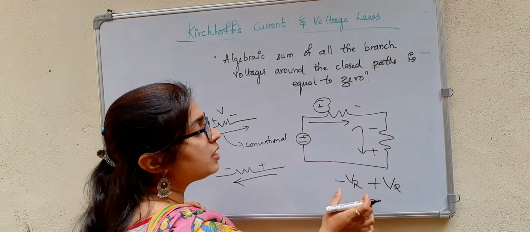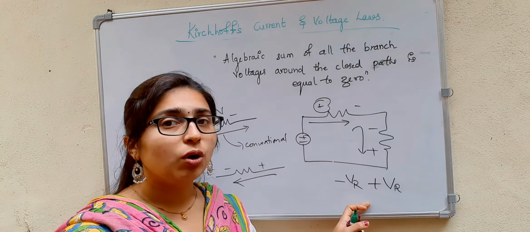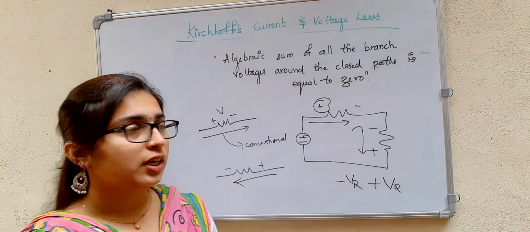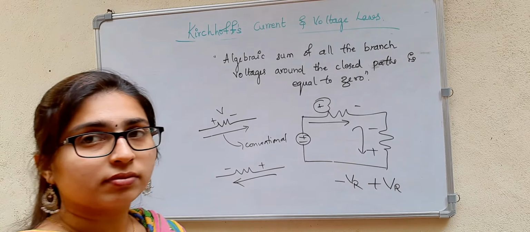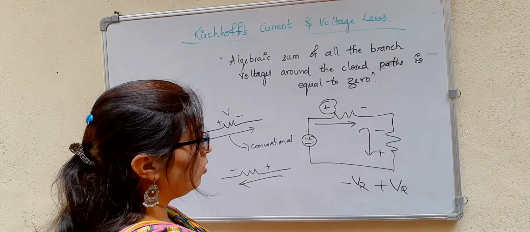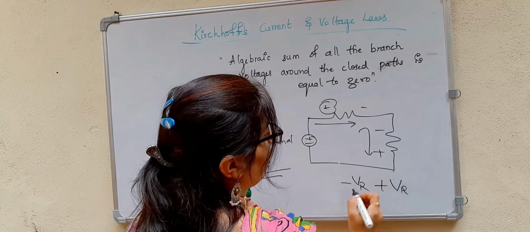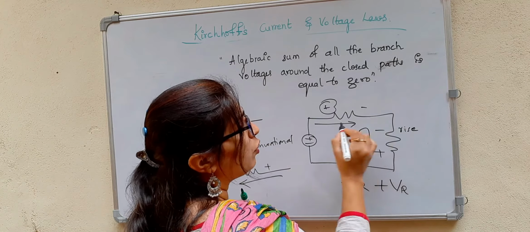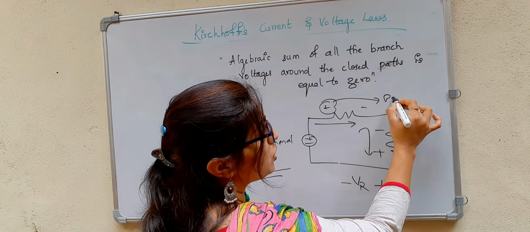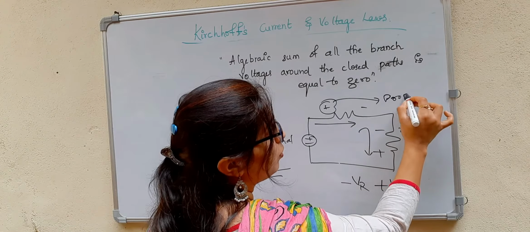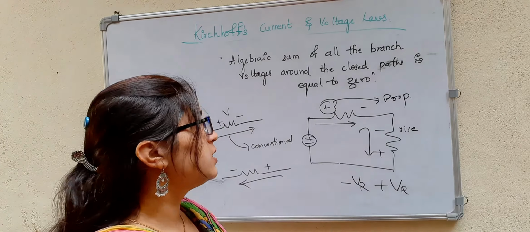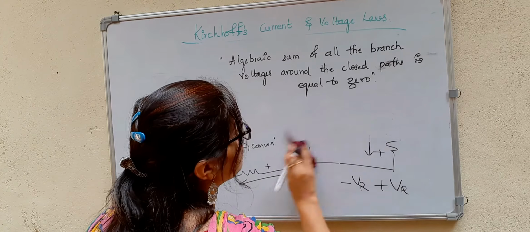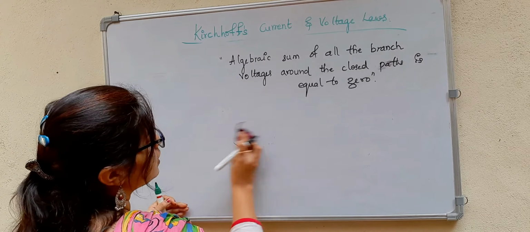Minus VR is a voltage drop, and plus VR is a voltage rise. If you get minus first, it is a potential rise. If you get plus first, it is a potential drop. So the algebraic sum of all the branch voltages around a closed path is equal to 0. That is the statement.